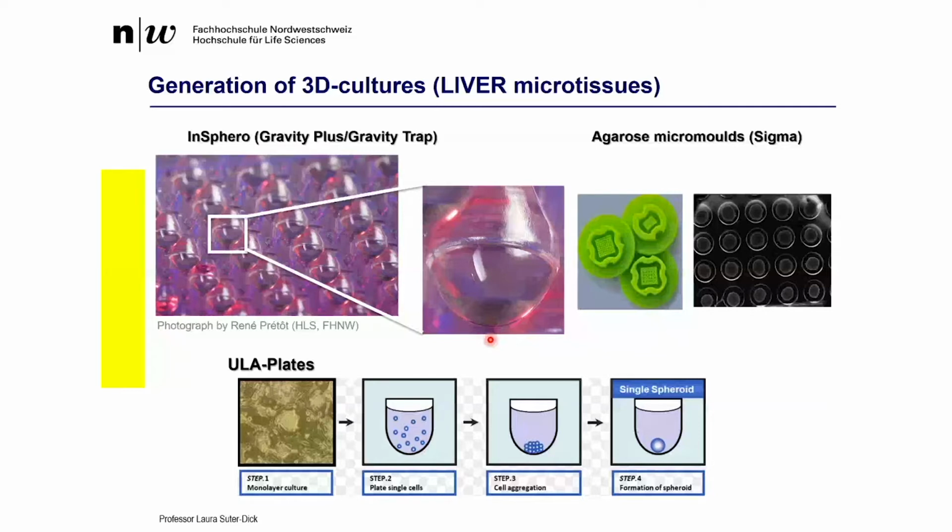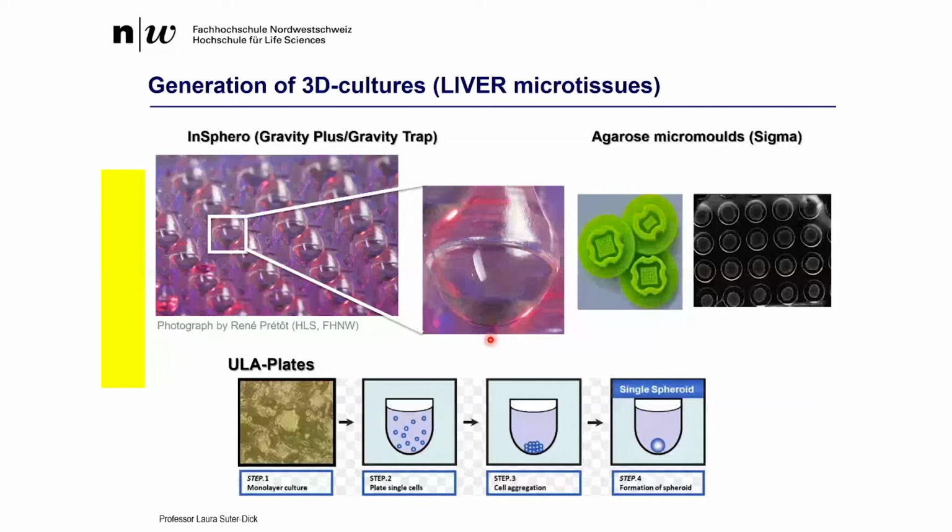So, the principle of this ULA plate. First, the ULA plate, as you will see also in the video, is a 96-well plate, and each of these 96 wells is a round bottom well. It's not flat, like we use normally for monolayer cultures.